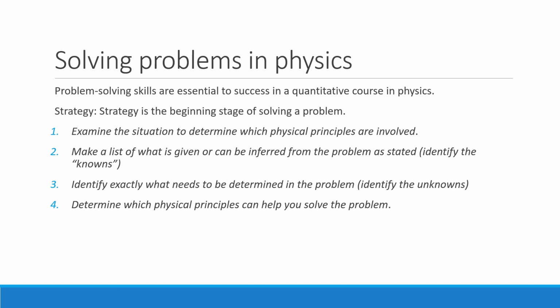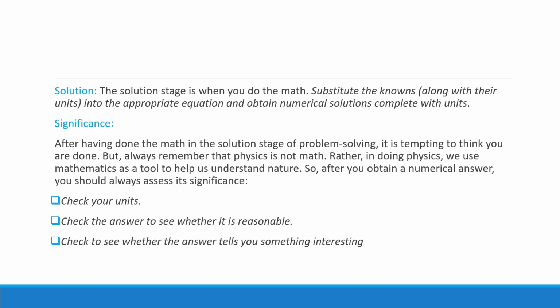Identify exactly what needs to be determined in the problem. Identify the unknowns. 4. Determine which physical principles can help you solve the problem. Solution. The solution stage is when you do the math. Substitute the knowns along with their units into the appropriate equation and obtain numerical solutions complete with units.